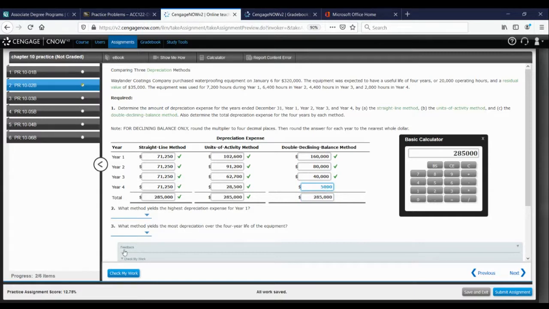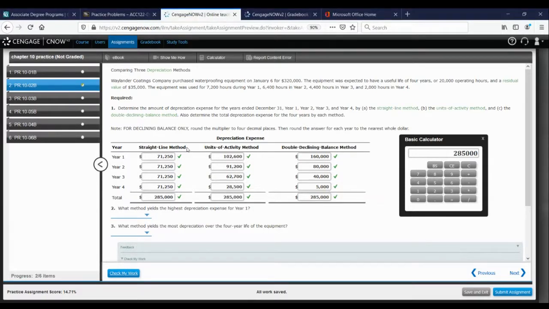So there's a couple of different ways that you could determine that amount, but I like to use the method that's on the spreadsheet. So I hope that that's helped you a little bit. Notice with each one of these methods, you're getting a different amount for your depreciation expense. If the company chooses to use the declining balance method, it will yield the highest amount of depreciation in year 1. Notice that with the declining balance method, it's higher in the earlier years and it gets less and less as you go out.